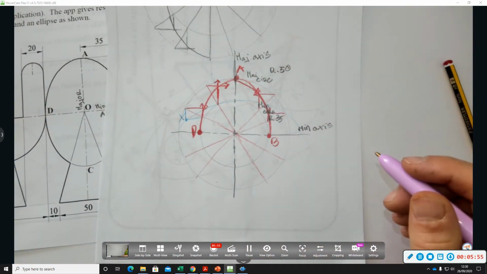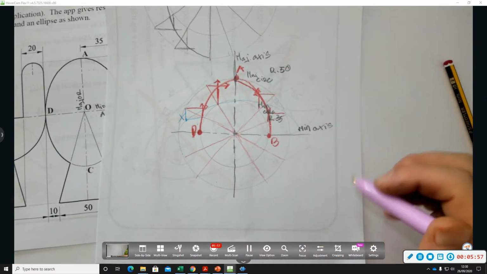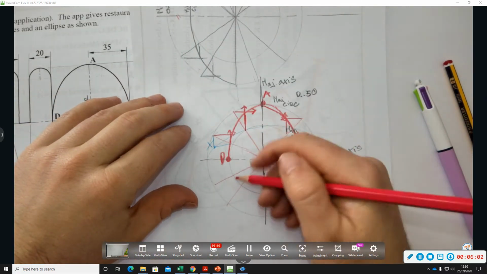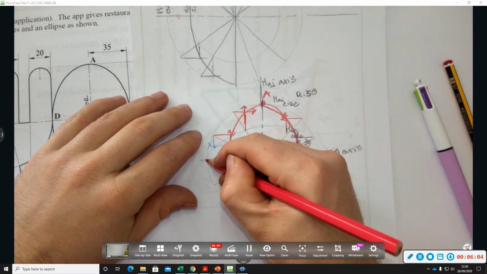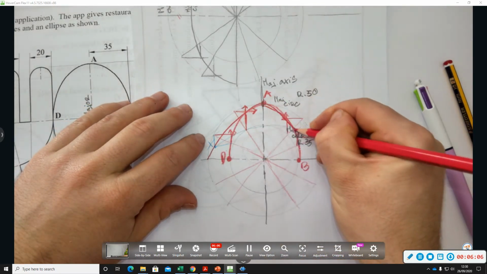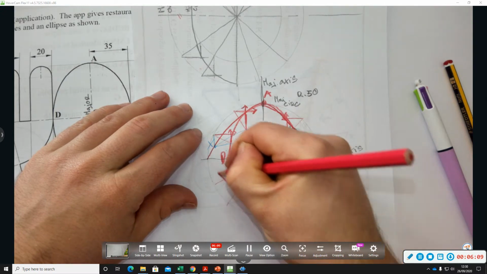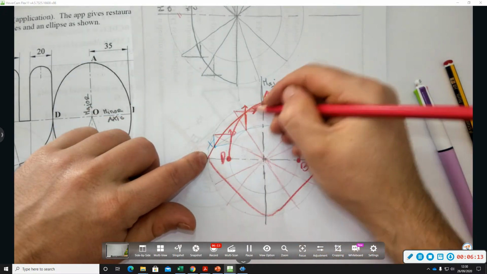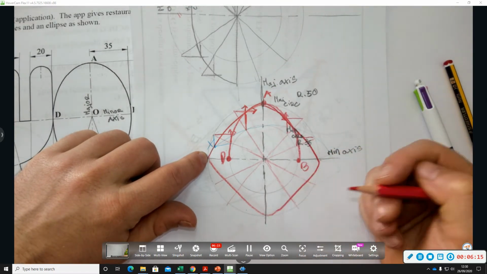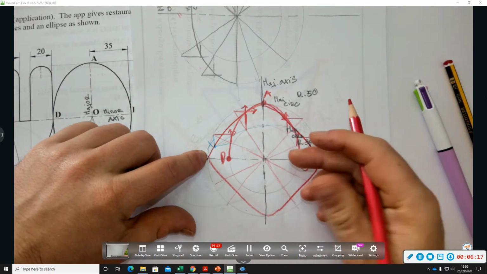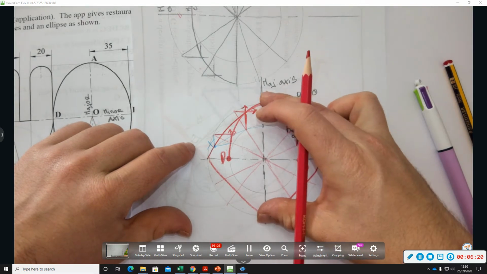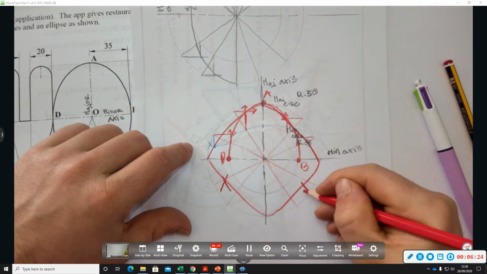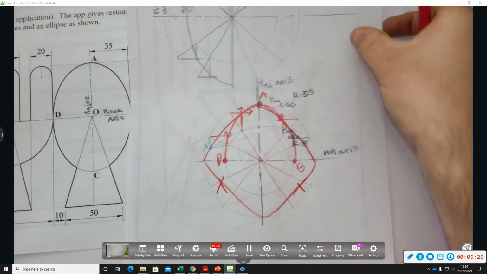The other thing students do wrong is they sometimes go like this with their sketches. They think the ellipse has to hit all four points on the major circle. It's not. It's two points on the major circle and two points on the minor circle. I've often seen students do that.